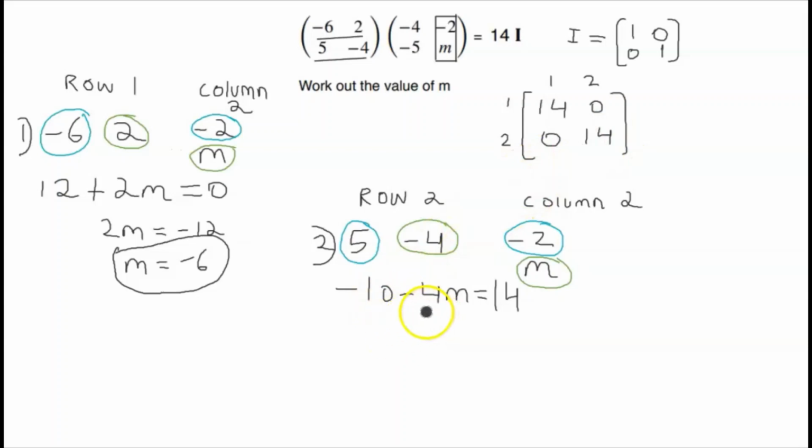So now we can find m. We've got -4m is equal to 24. Therefore, -m is equal to 24 over 4, which is 6, and therefore m is equal to -6, just like before.